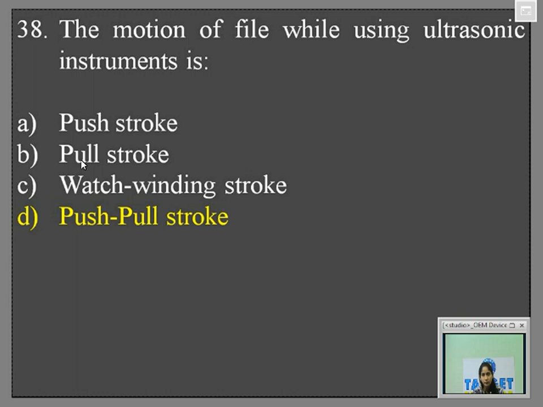Your magnetostrictive have a lesser cutting action. They are used in an elliptical or figure of 8 motion, and they are more heat producing. So magnetostrictive are less efficient as compared to piezoelectric.